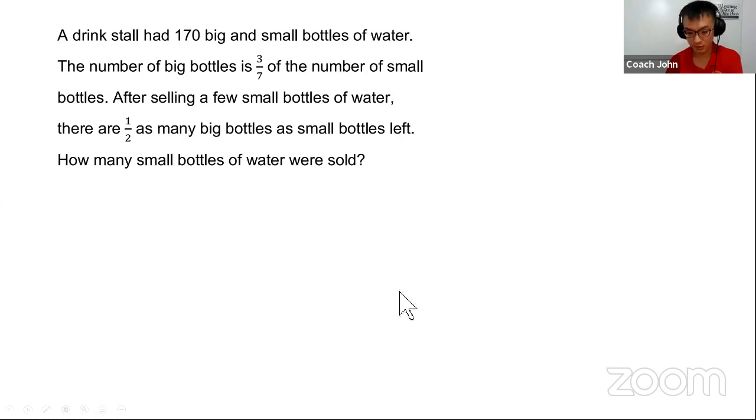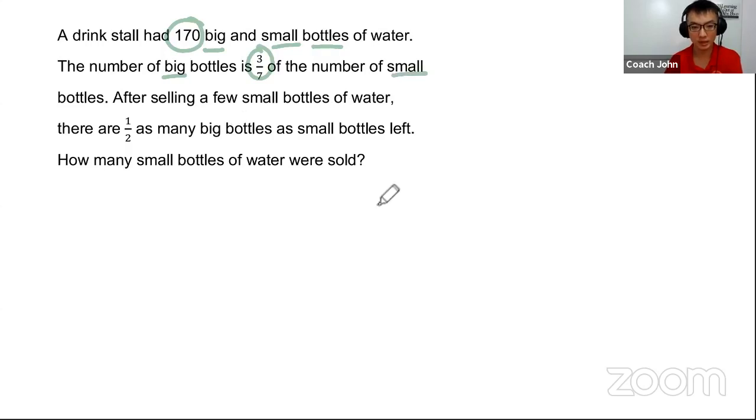As this video is for the upper primary, we are going to use ratio to solve. All right, so whenever you start to solve such a question, make sure that you underline the keywords. So you have 170 big and small bottles. Then you have big 3/7 small.